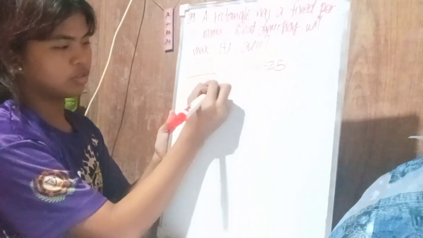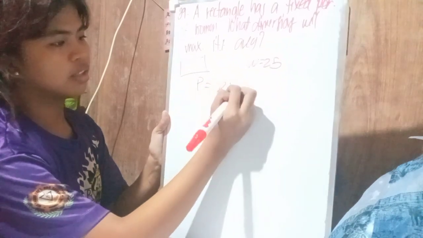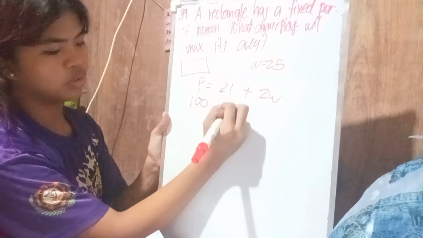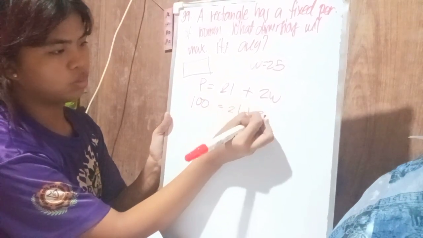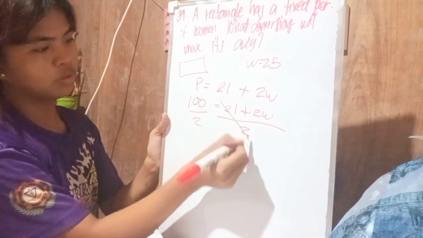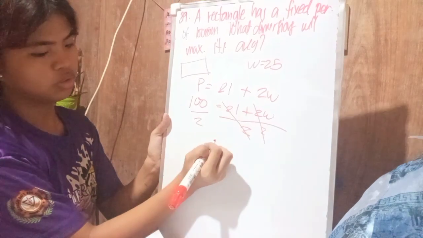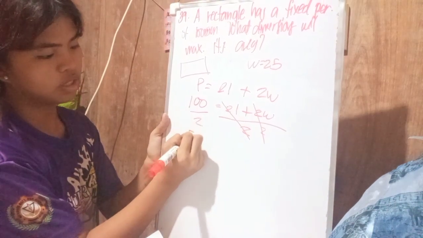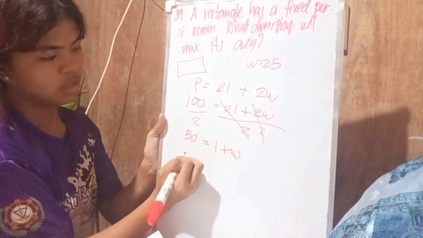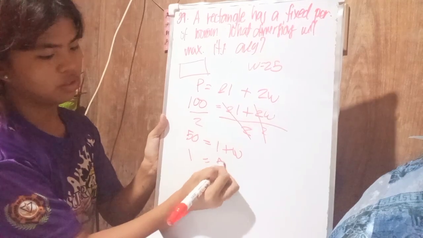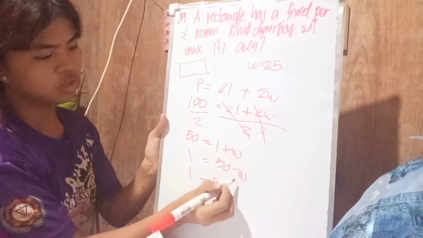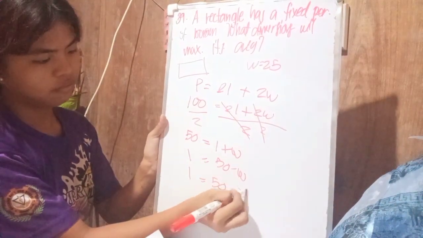So, perimeter is 2 length plus 2 width. So, we set it to 100. So, 2 length plus 2 width divided by 2, so 50 equals length plus width, then length equals 50 minus W, which is 25.